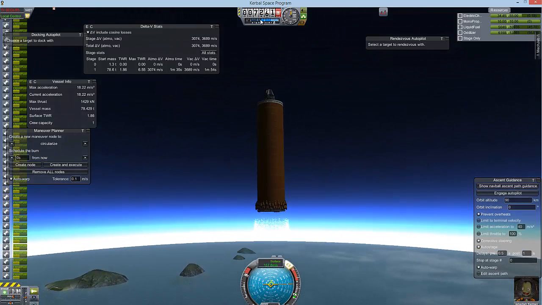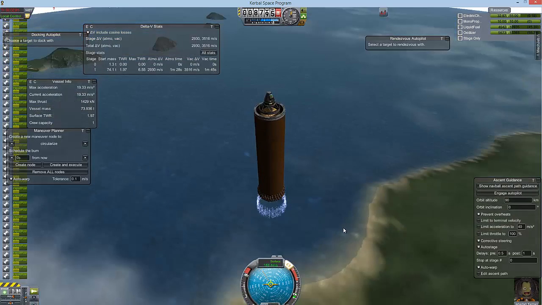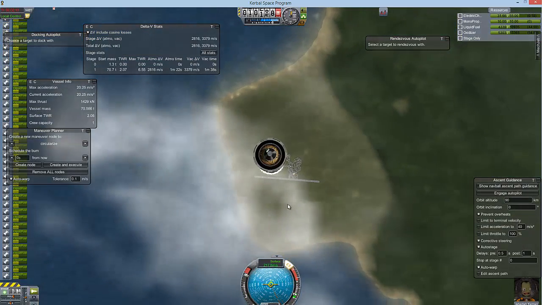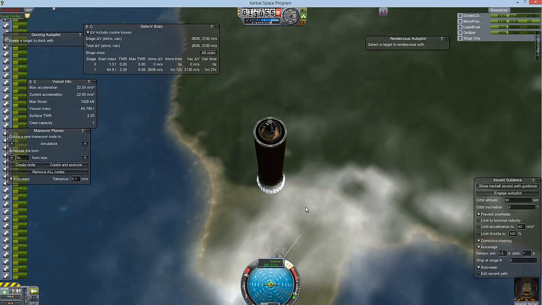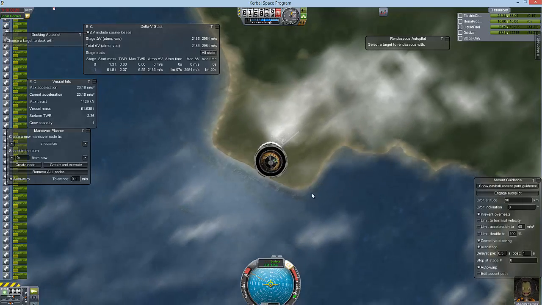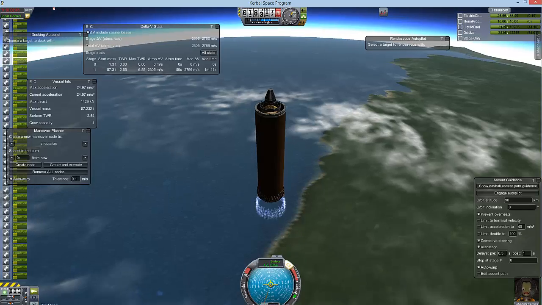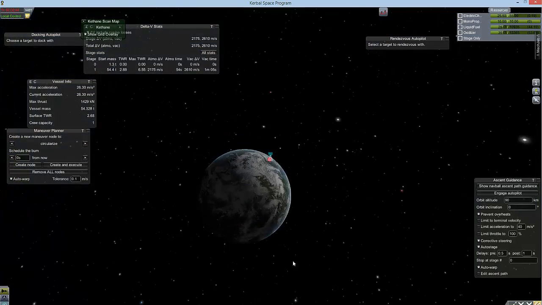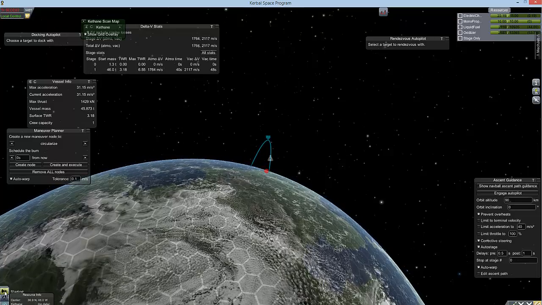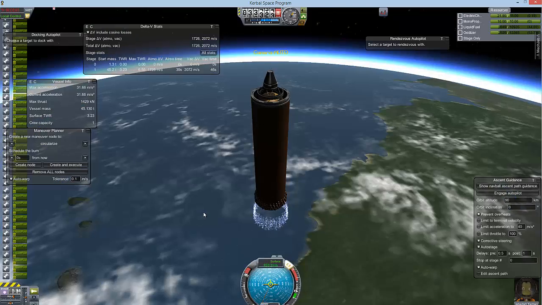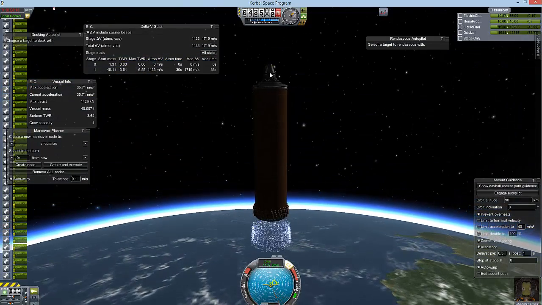And as you see here, we're getting up there pretty good. Alright, we're getting up there really good now. And you can see that we're pretty much in orbit already. And we're in a vacuum.